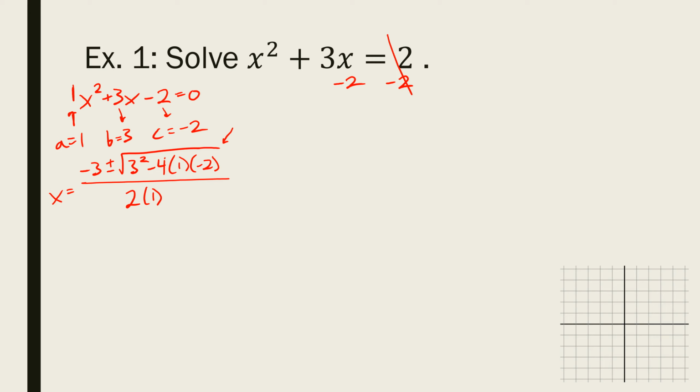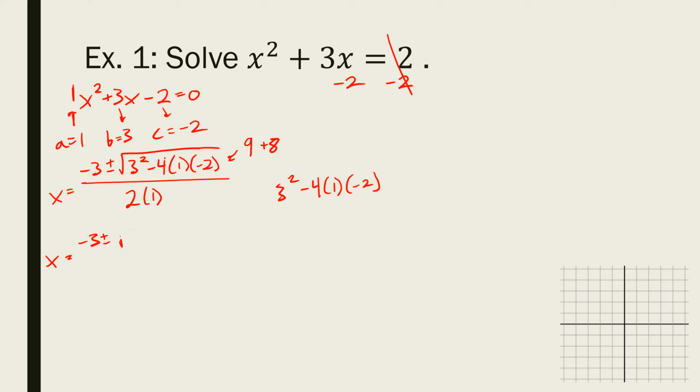Anyway, we're simplifying some things under the square root. I have 3 squared, which is 9. Then I need to worry about the multiplication. Negative 4 times 1 is negative 4, and negative 4 times negative 2 is positive 8. If you're a little sketchy about doing the stuff under the square root, you can put 3 squared minus 4 times 1 times negative 2 into your calculator to get what's under the square root.